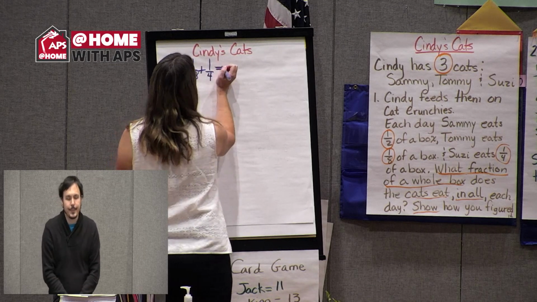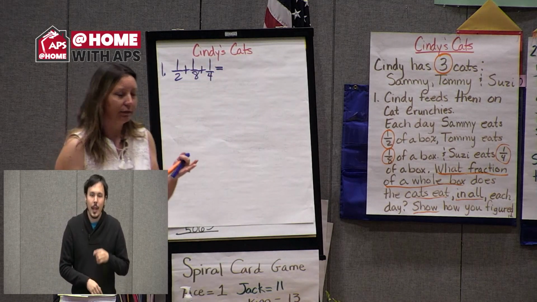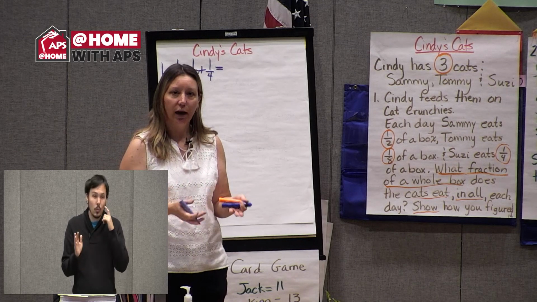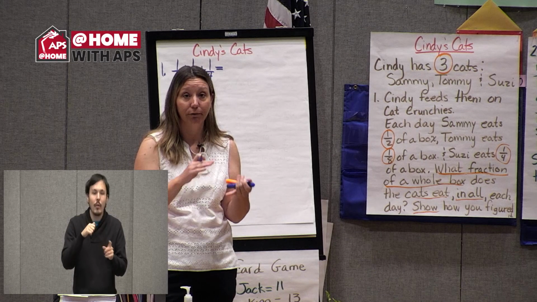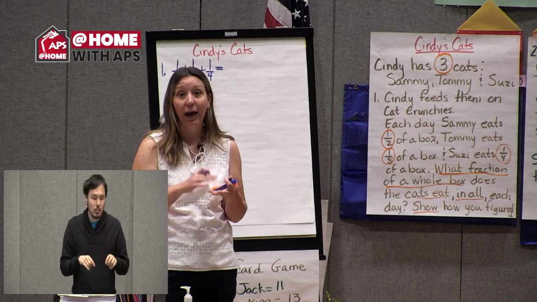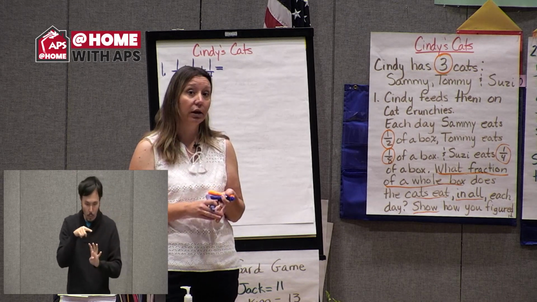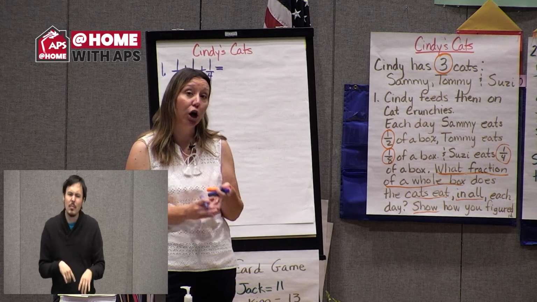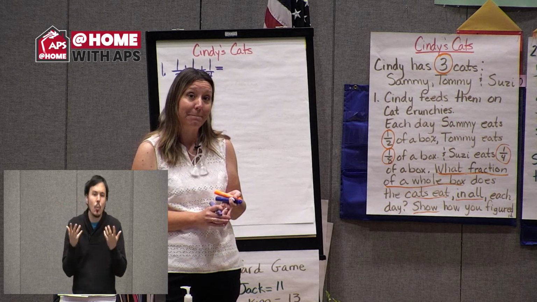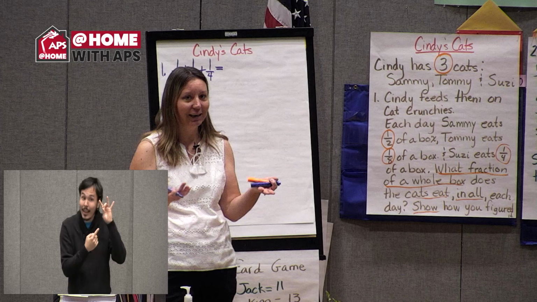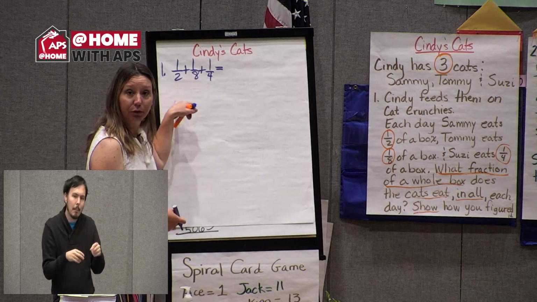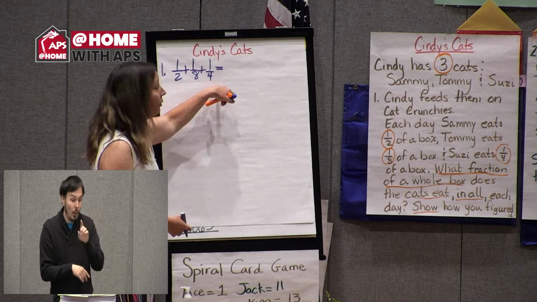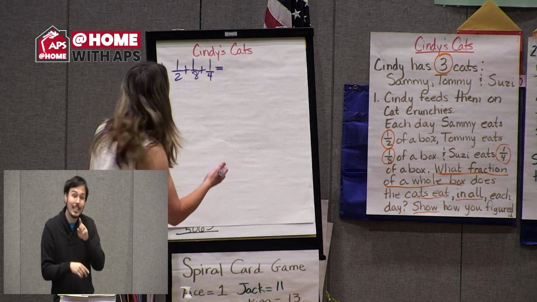All right. So when I'm looking at this, I know that I do not have a common denominator. That's the first thing I need to do. I have a 2, a 4, and an 8. Can you think of what a common denominator would be for all 3 of those numbers? 8, right? Because we know 8 is a multiple of 2, 4 is a multiple of 2, 8 is a multiple of 4. Perfect.